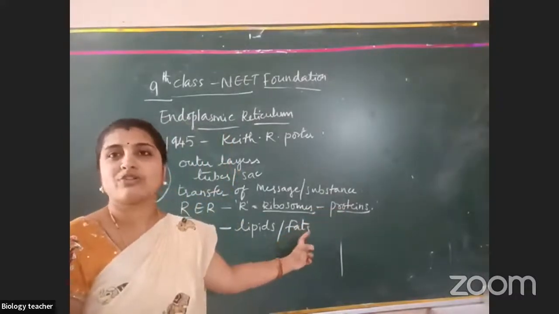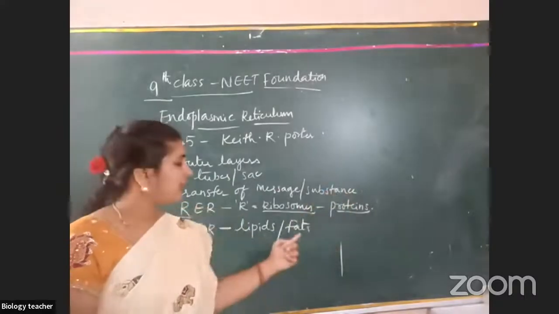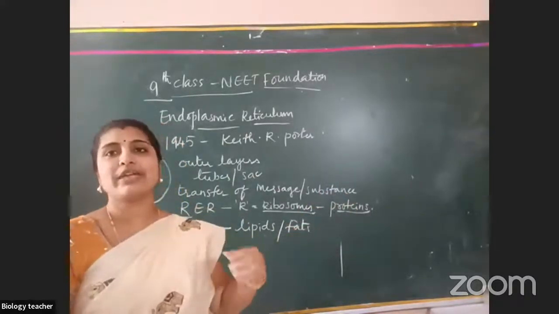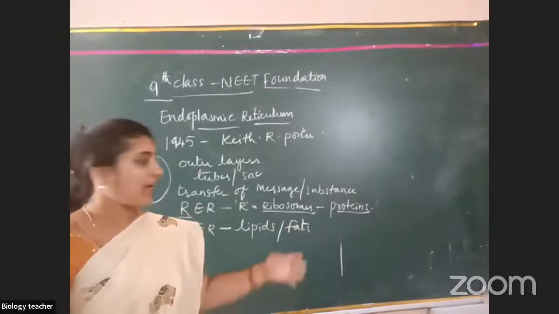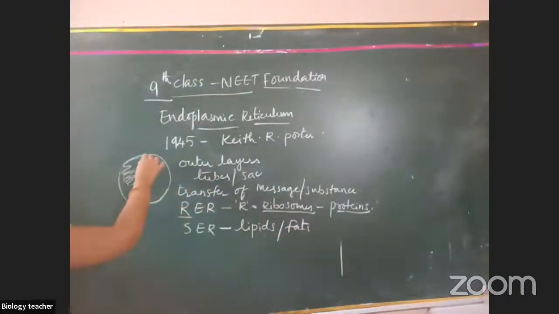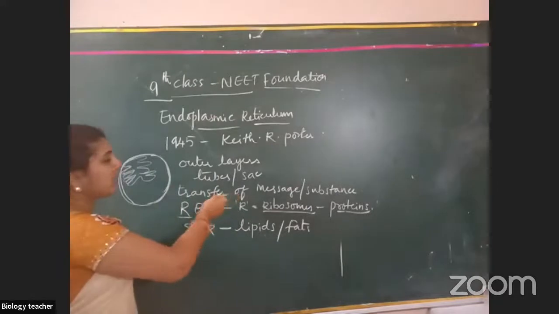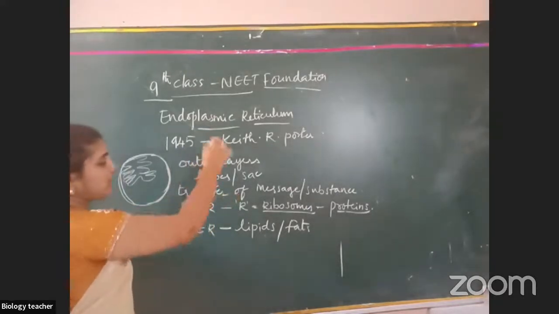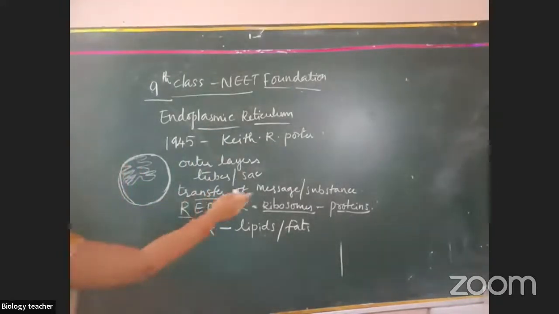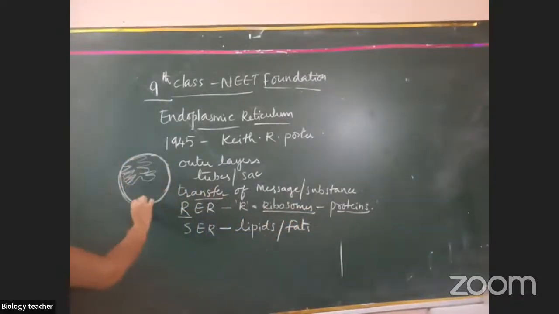You all must know that proteins are for growth and repair. Fats give instant energy. If the cell membrane is getting weak or ruptured, the endoplasmic reticulum will transfer the synthesized proteins and fats towards the cell membrane.